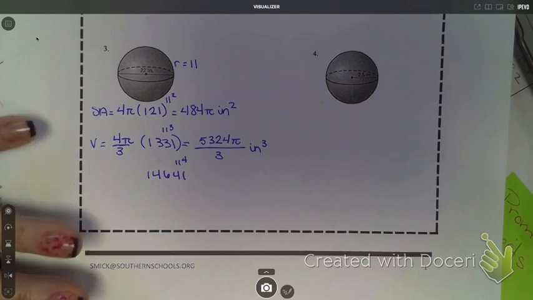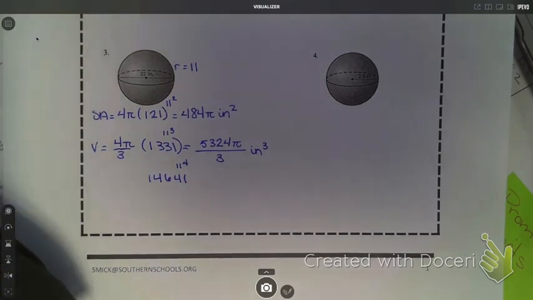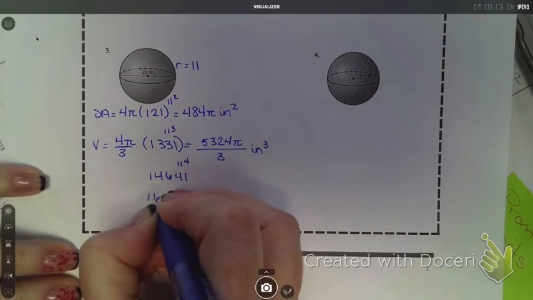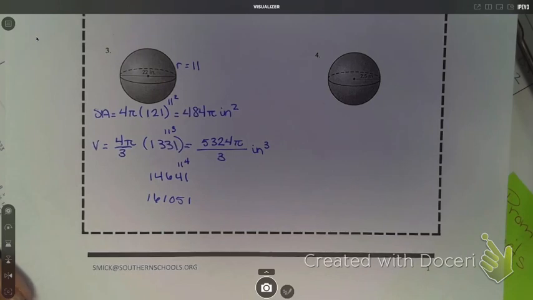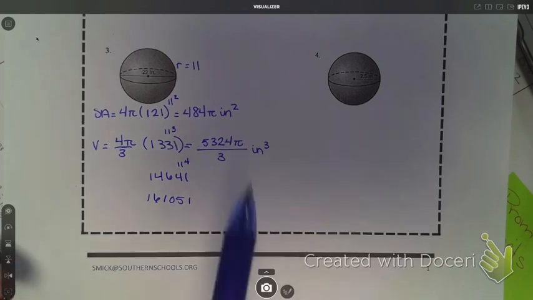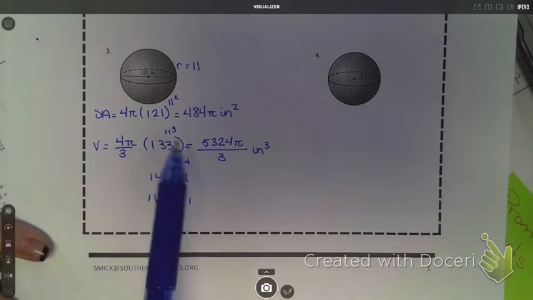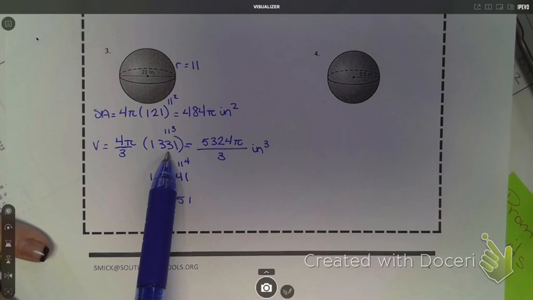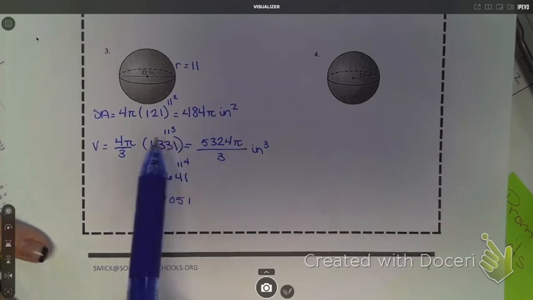It doesn't have the pattern. 11 to the 5th is 161,051. That just blows out of the water. I'm just saying, look at the pattern. This is 11 squared, this is 11 cubed, and this is 11 to the 4th. I know 11 to the 4th because of those patterns.